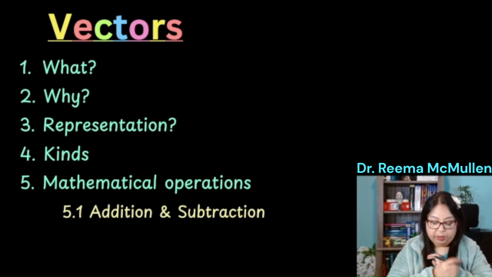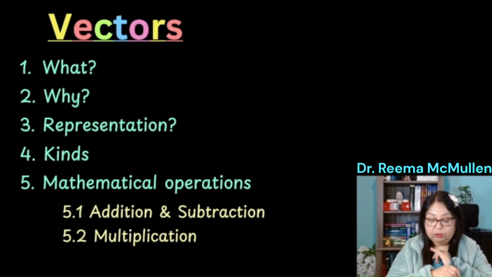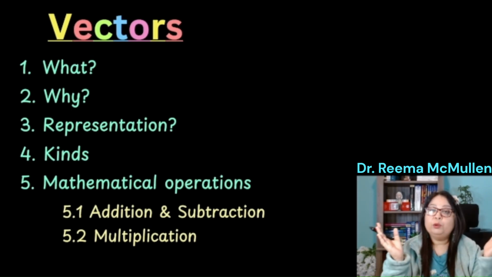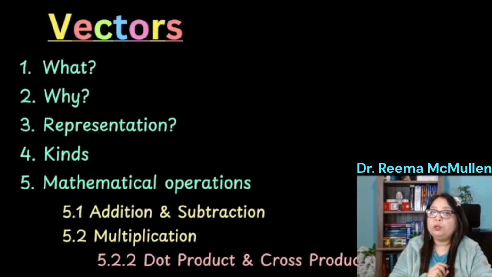What kind of mathematical operations? Well, there is addition and there is subtraction, but not just that. There is multiplication, and you will be glad to know that you do not have to learn how to divide vector quantities. Why? Because we simply do not divide vector quantities. We're going to learn that vector multiplication is of two kinds.